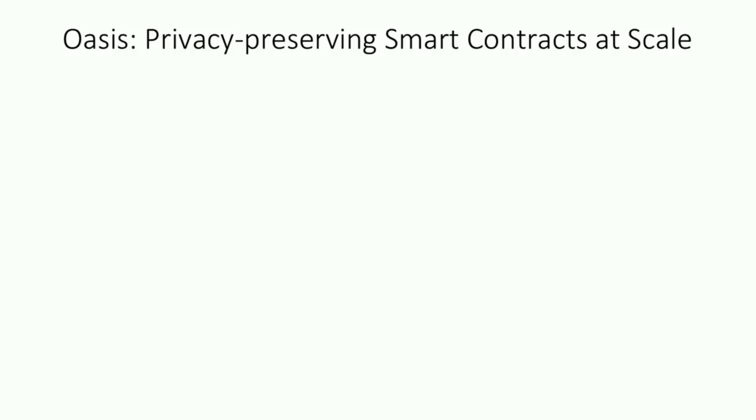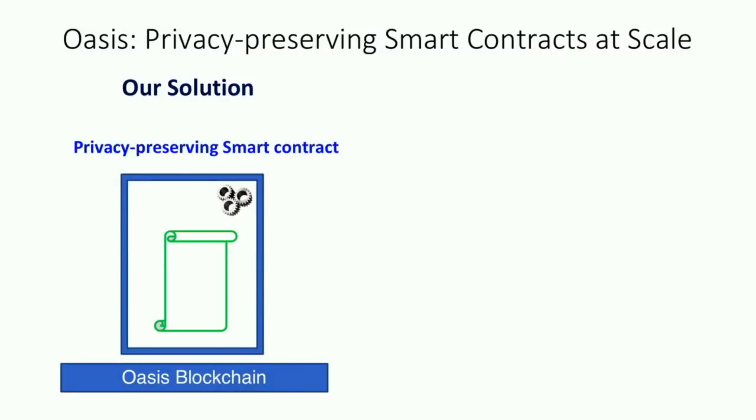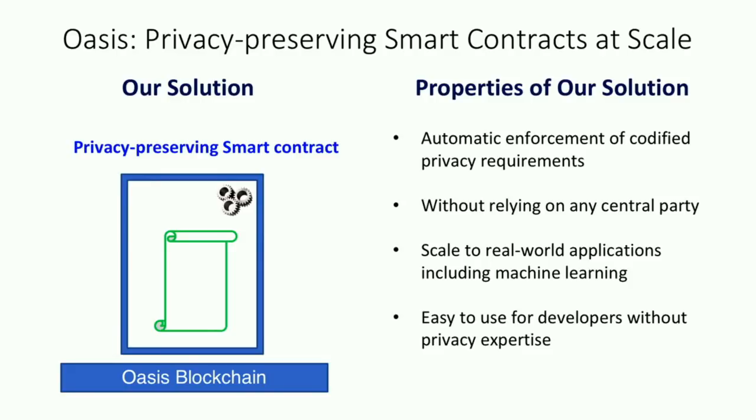So in order to enable an application like this and address the challenges that I just mentioned, at Oasis we are developing a new blockchain technology. One of the keys of our blockchain platform is privacy-preserving smart contracts at scale. The privacy-preserving smart contract satisfies a number of unique properties and capabilities.